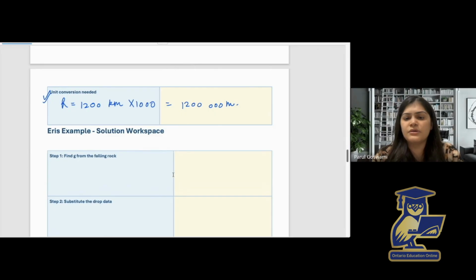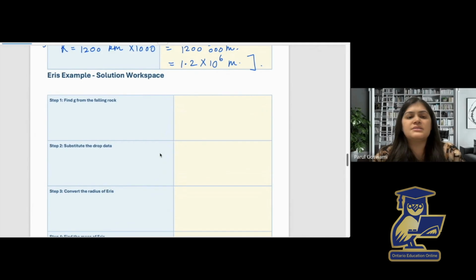Now we have converted the distance into meters, and we can write this also in scientific notation, which will be 1.2 times, as you can see, if I write the decimal here, I count the digits after the decimal: 1, 2, 3, 4, 5, 6. So it would be times 10 raised to the power 6 meters. So this is the scientific notation. And let's start solving this.